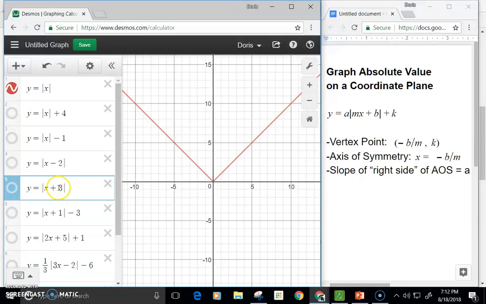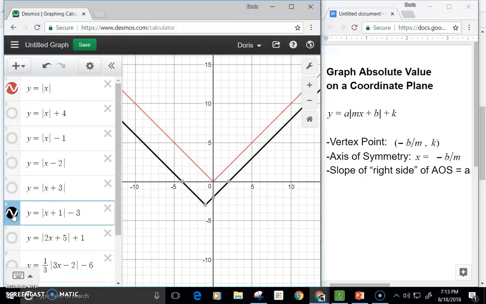When we add to the x value inside the absolute value, it will pull it back. So let's look at this particular function right here. When we subtract 3 from the function, that should pull it down 3 units. And when we add 1 to the value of x, that should pull it back 1 unit. So let's see if that's what happens.